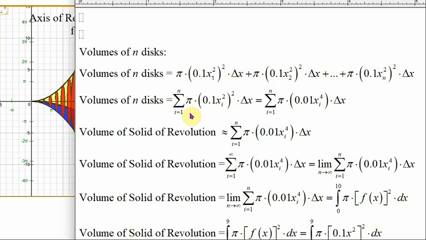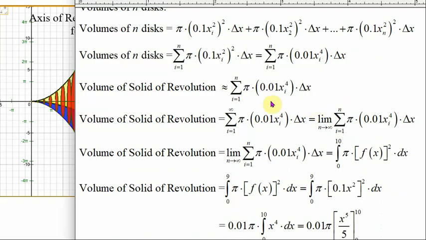And then using summation notation, we have the summation where i runs from 1 to n. And then 0.1 x squared, squared, is just 0.01 x to the 4th. And so this sum right here is the volumes of n slices, or n disks. And so the volume of the solid of revolution will be approximately this sum right here.